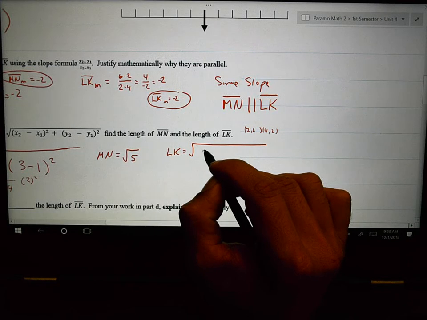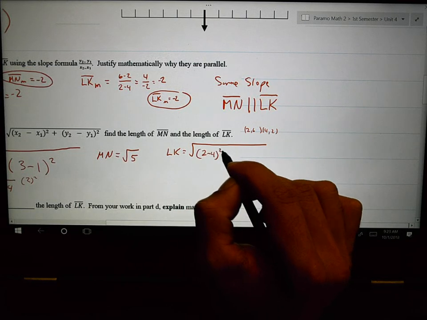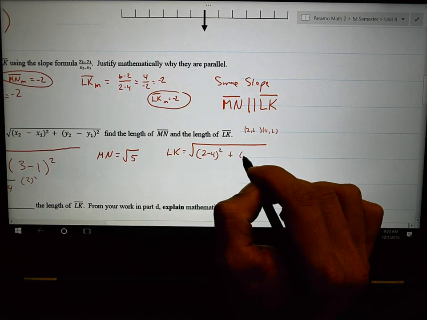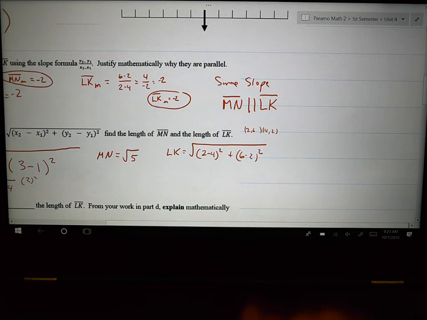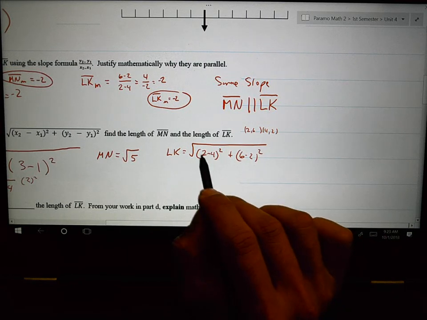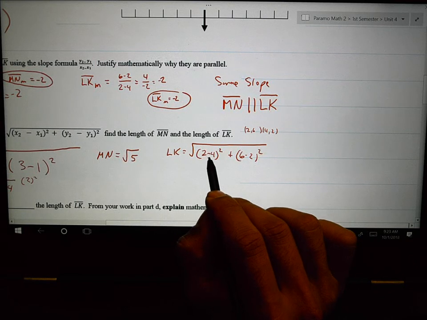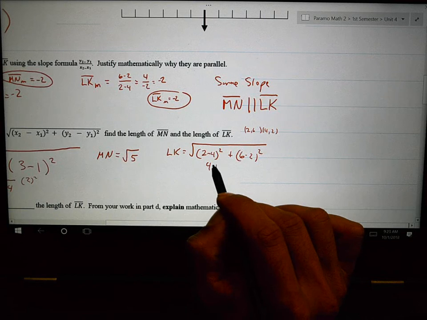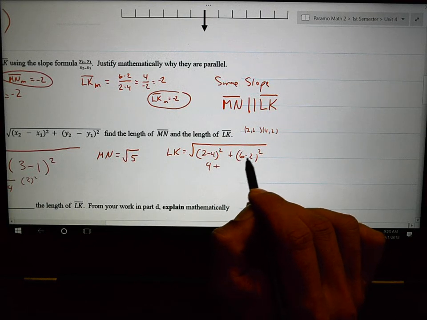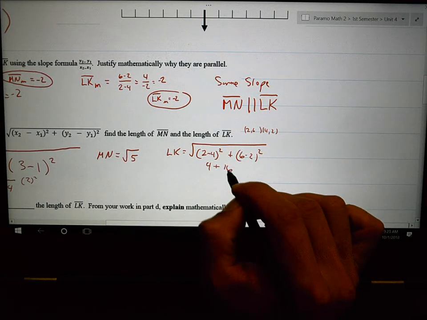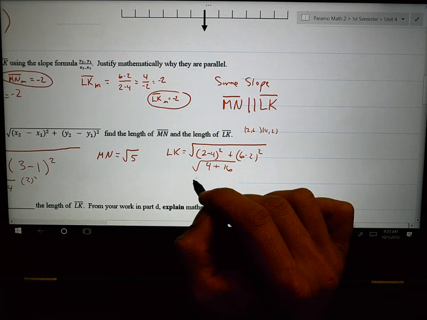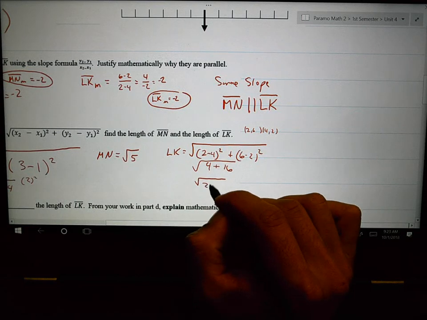I'm going to do 2 minus 4 squared and 6 minus 2 squared. Order of operations says do what's in parentheses first. 2 subtracted by 4 is negative 2. Square that. Negative 2 times negative 2 is a positive 4. 6 minus 2 is 4. 4 squared is 16. That's inside this radical. And so we have square root of 20.